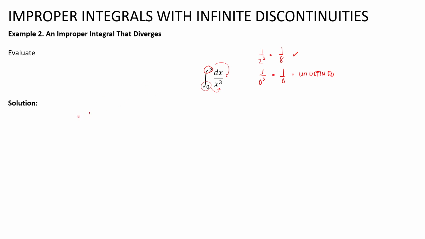So the limit as a approaches the right hand side of 0. This will give us the integral from a to 2 of dx all over x cubed.